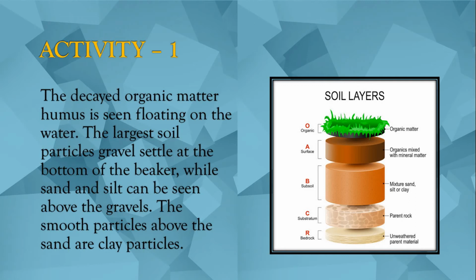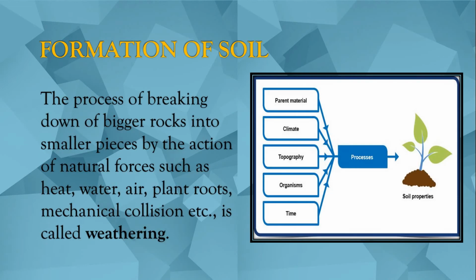Thus, the main constituents of soil are humus, gravel, sand, silt, and clay. In addition to these, soil also contains some inorganic salts such as nitrates, phosphates, sulfates, etc. Air and water are also present in soil.